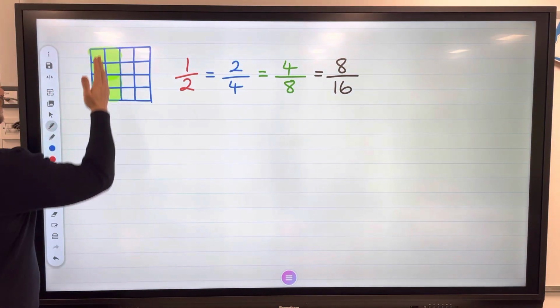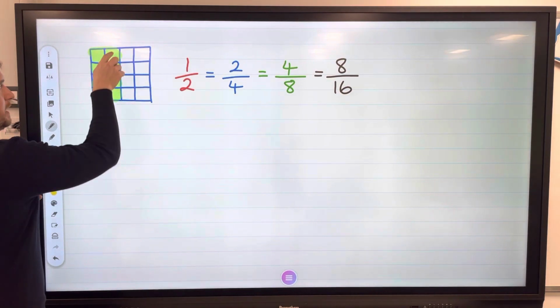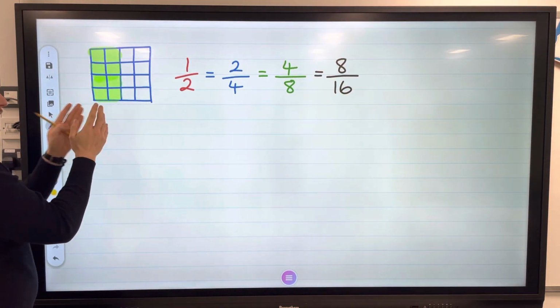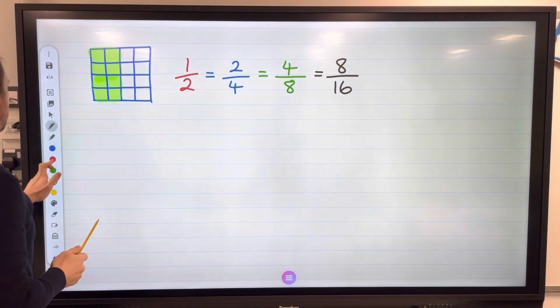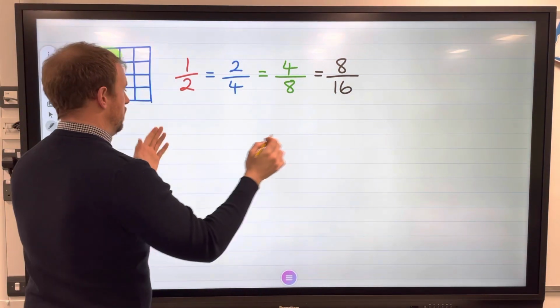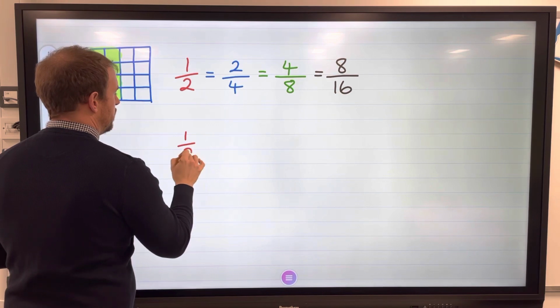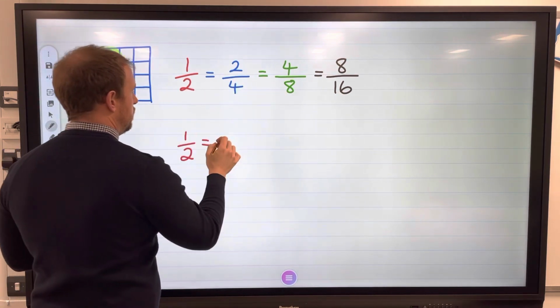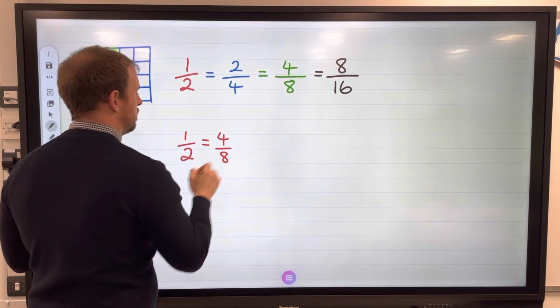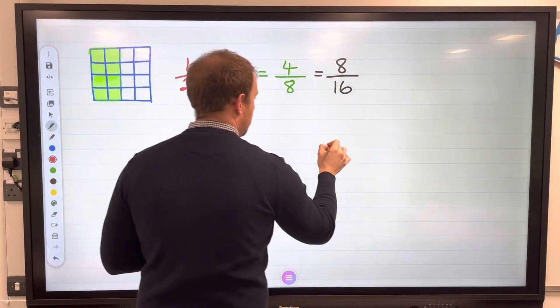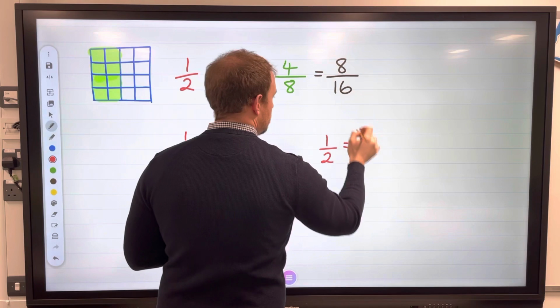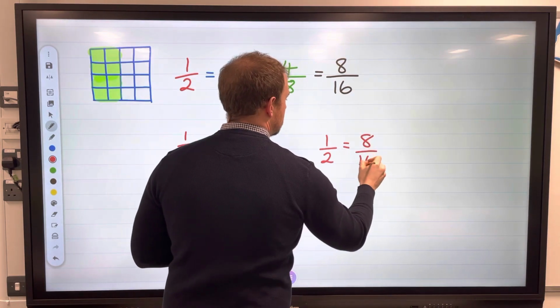If we have all of these 8 pieces here, we would have half of the whole thing. All of these are equal, they could go in any order. So a half is equal to 4/8, and also 1/2 is equal to 8/16.